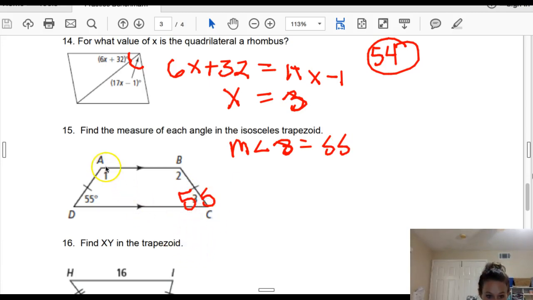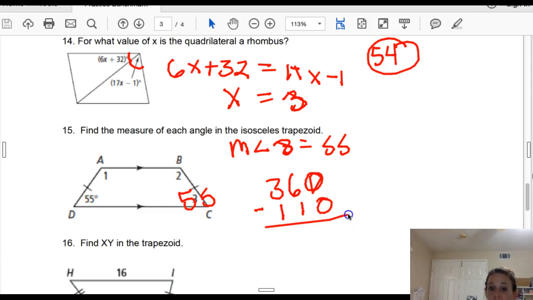Good. Now if I flip this trapezoid on its other side, these would be the base angles. So I know those are congruent. Well, I know based on my formula, n minus 2 times 180, that the interior angle sum of a trapezoid should be 360. If this is 55 and this is 55, well, 55 plus 55 is 110. So I'm going to subtract that off.